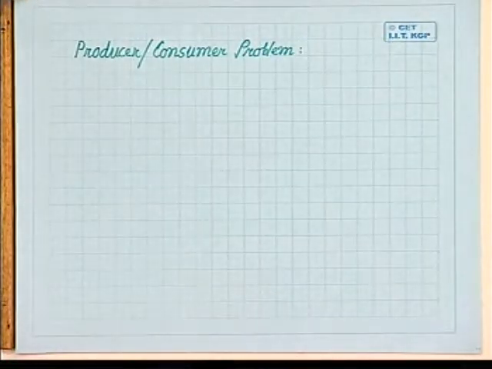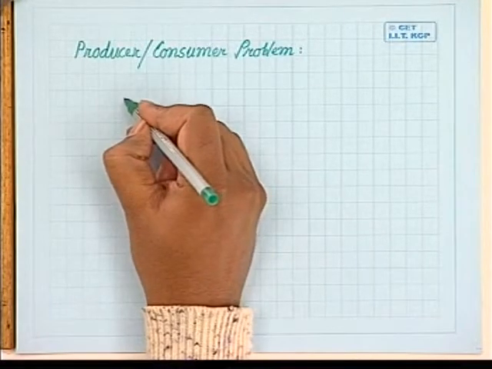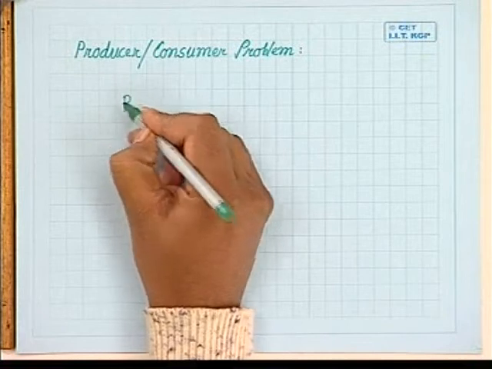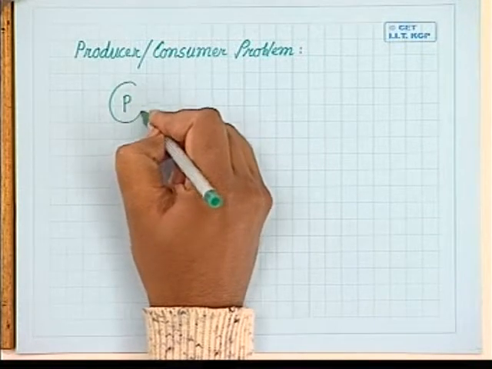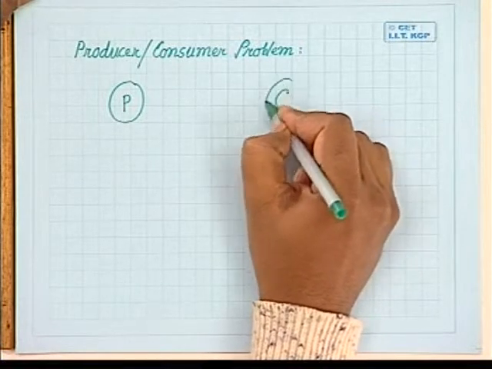Now the producer-consumer problem is something like this. We have two processes. One process is called the producer P. We have another process which is the consumer process C.